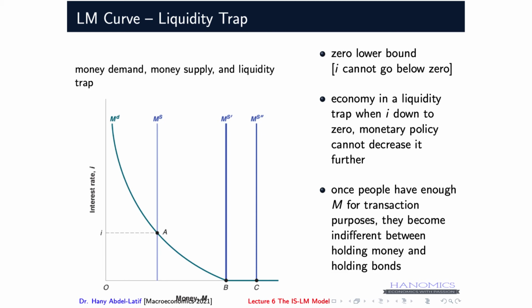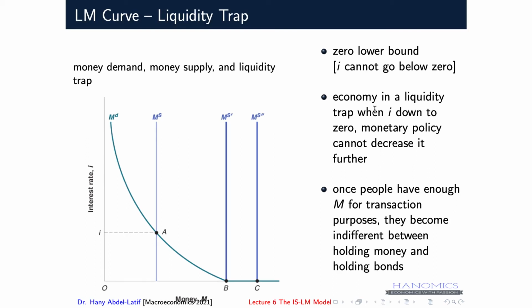As you can see here, increasing money supply or implementing an expansionary monetary policy from MS prime to MS double prime, that basically moved from point B to point C, that did not have any effect on the interest rate.